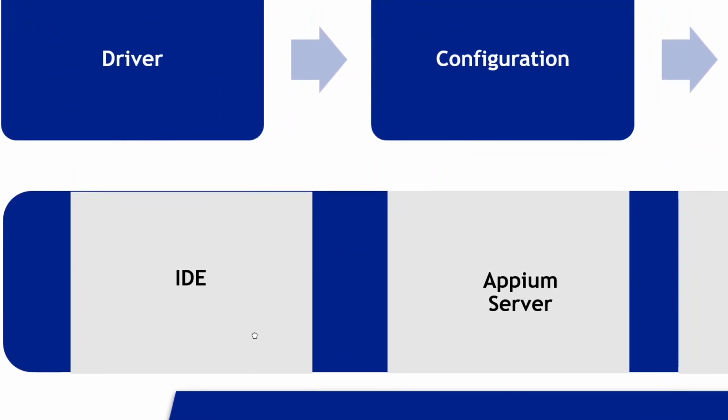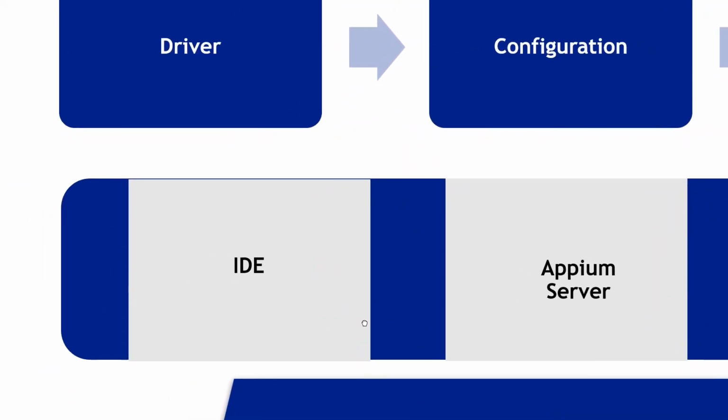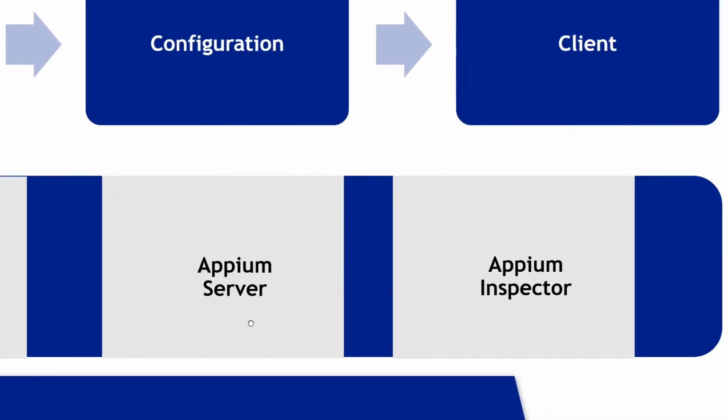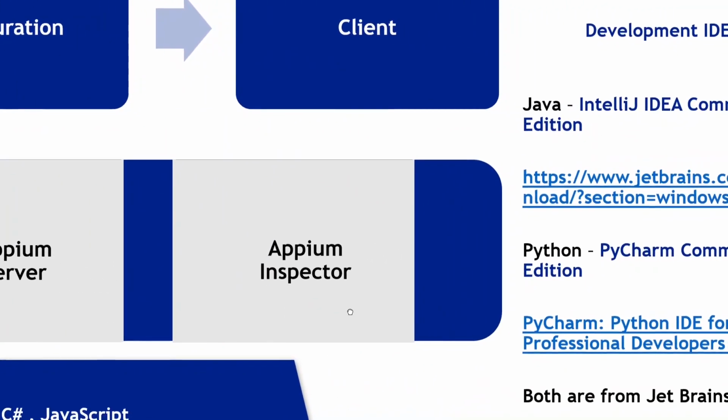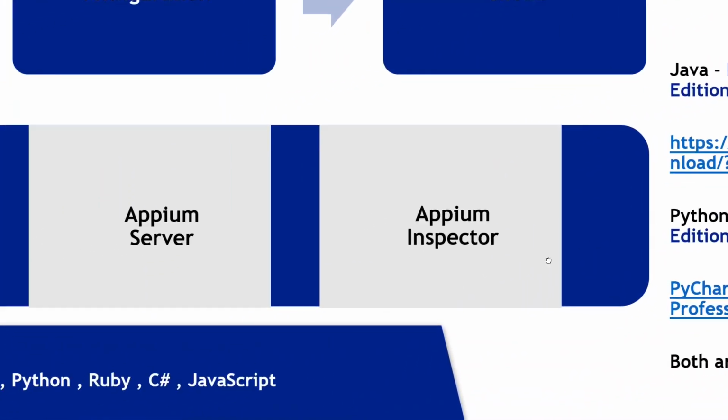It is offering community editions as well. We can leverage the community edition, and then the Appium Server that we need to take care of, and then Appium Inspector also we need to look at while we are working on the automation side.